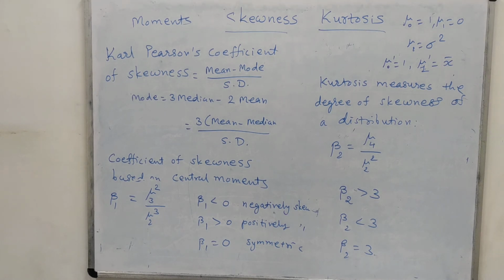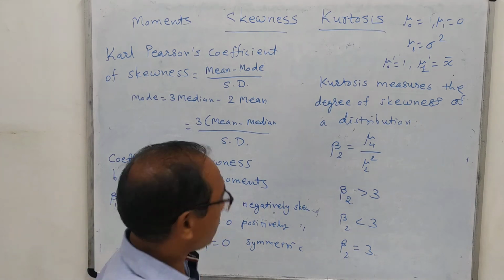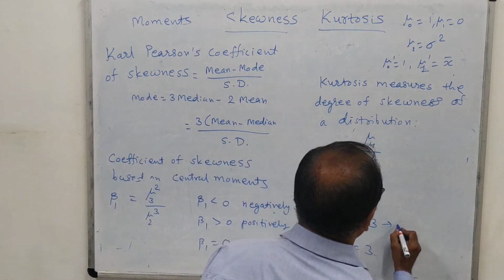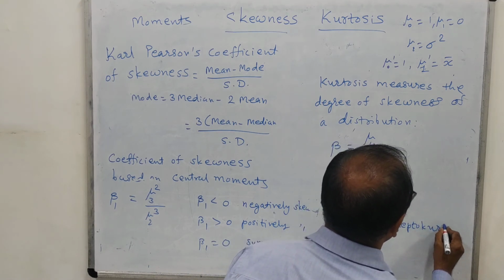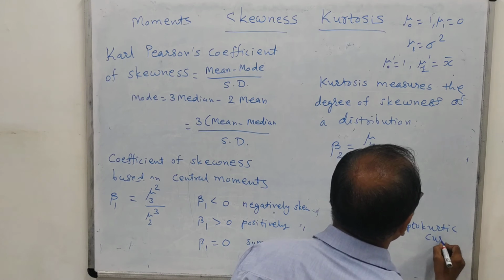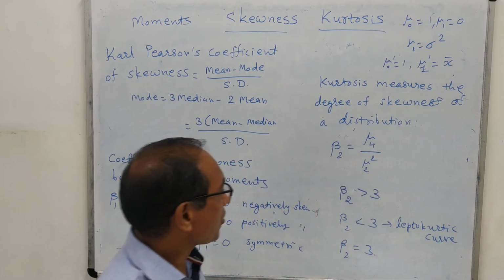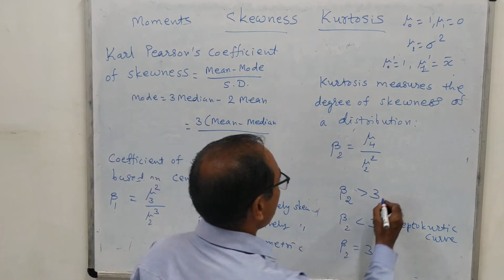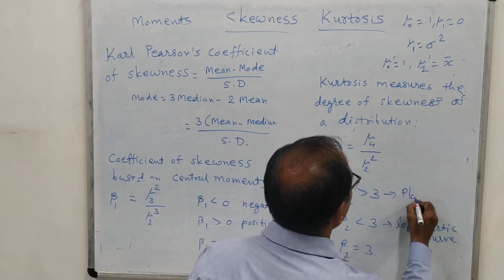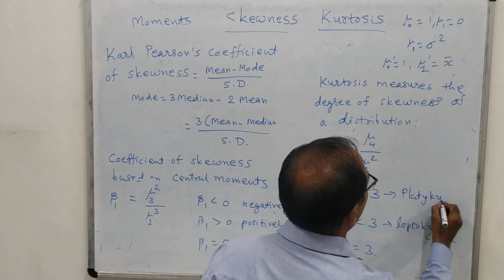When beta 2 is greater than 3, the curve is known as a leptokurtic curve. If beta 2 is less than 3, then it is known as a platykurtic curve.